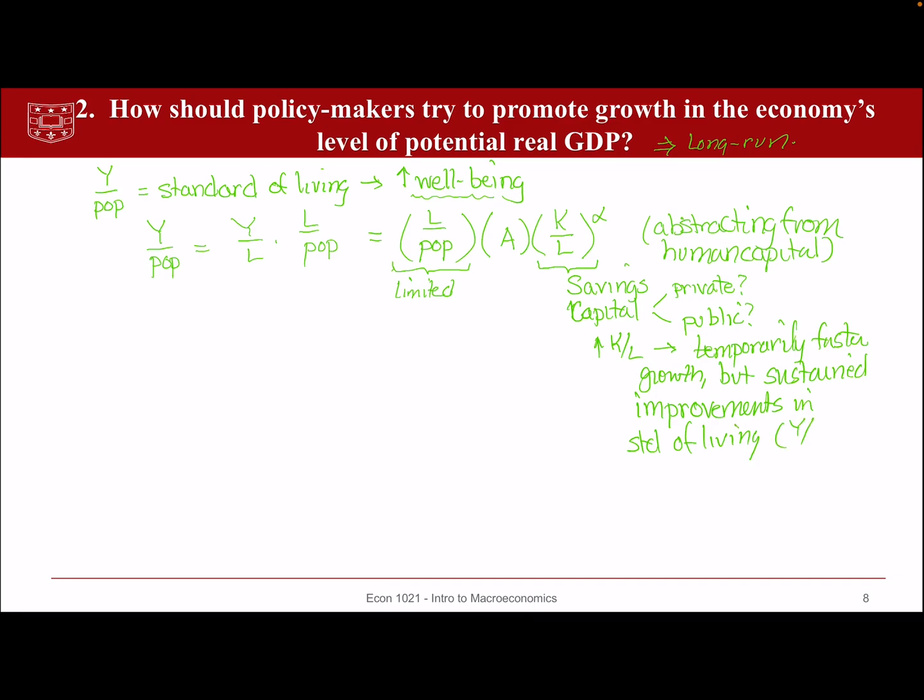So this Y over population, and Y over L, requires technological progress, meaning sustained increases in this A parameter.